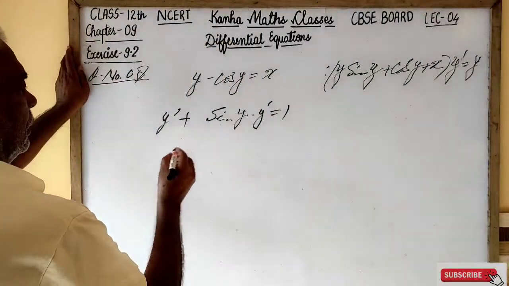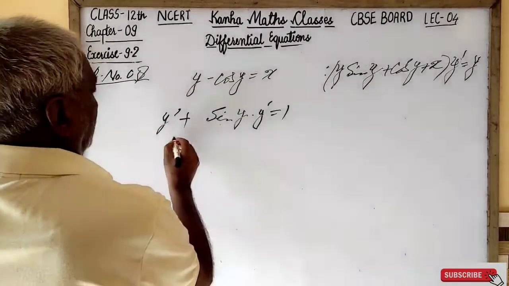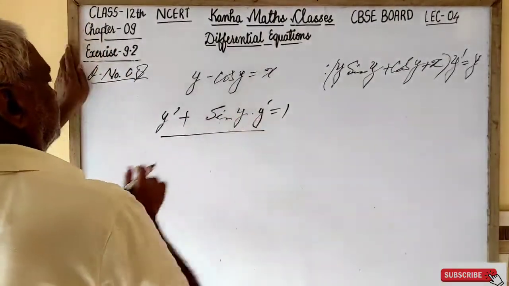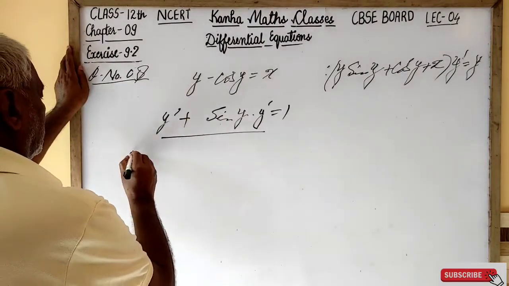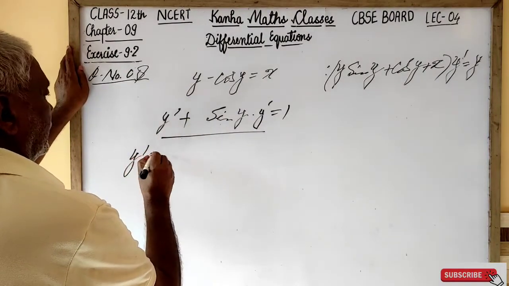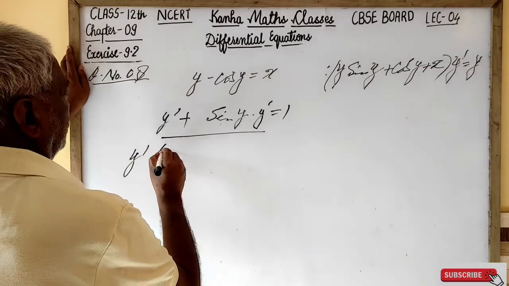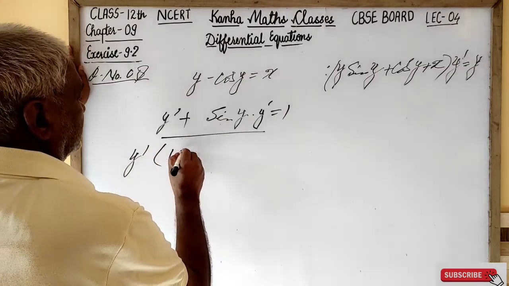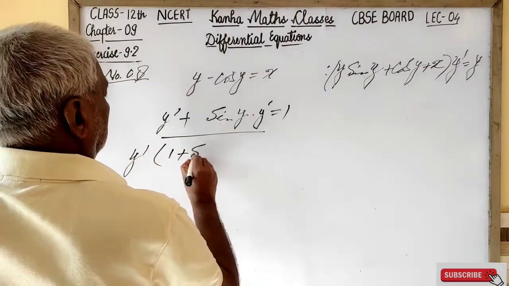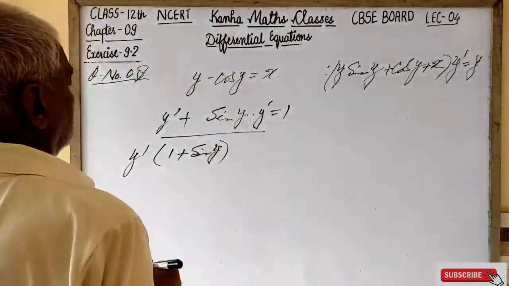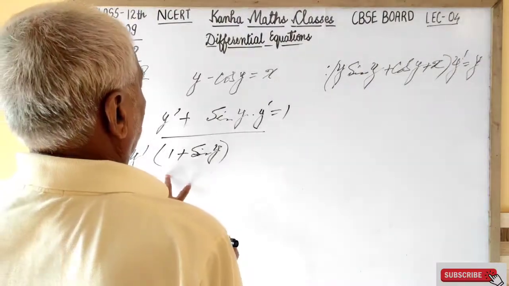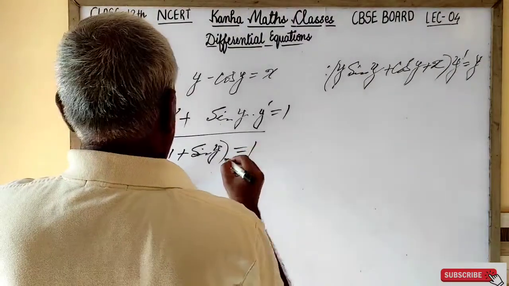Here we will take common y dash in both terms. On the left hand side, if you take common y dash, within the bracket you get 1 plus sin y, so y dash into 1 plus sin y is equal to 1.